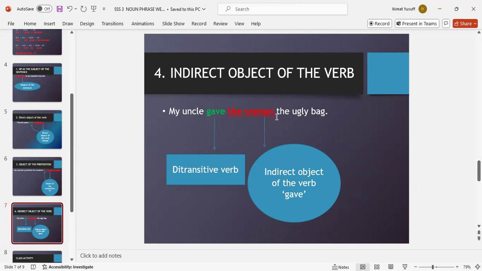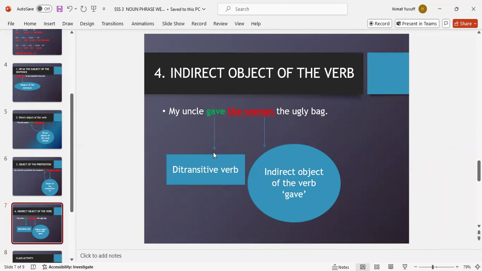We have the woman, we have the ugly bag coming after the ditransitive verb gave, and you would notice that there is nothing setting them apart. So when you have any verb that can appear in this form with nothing setting the noun phrases apart, that verb would be a ditransitive verb.